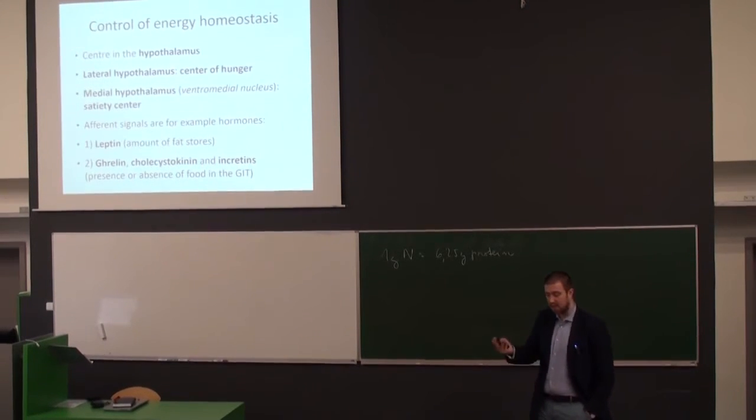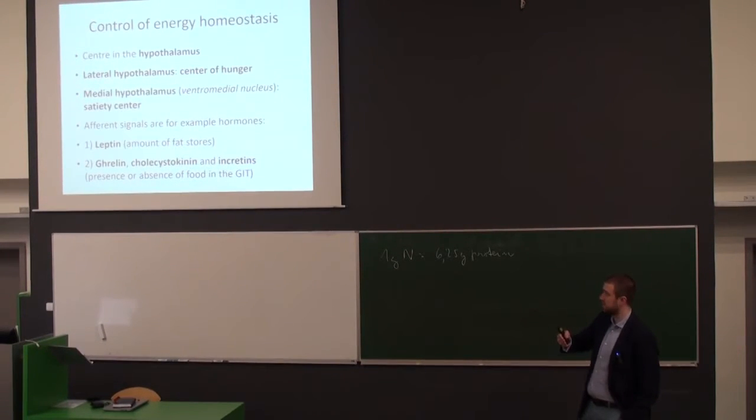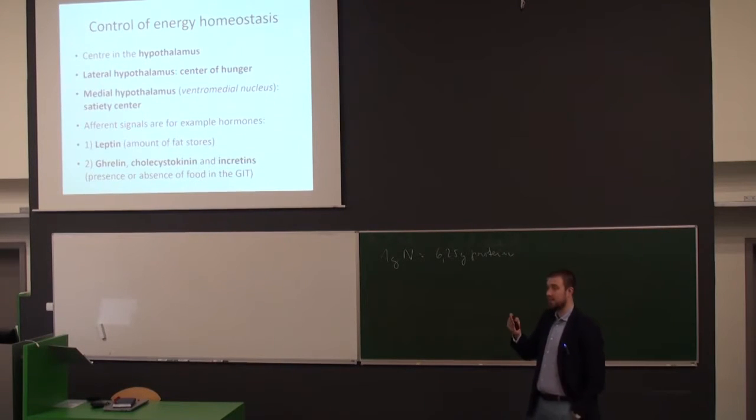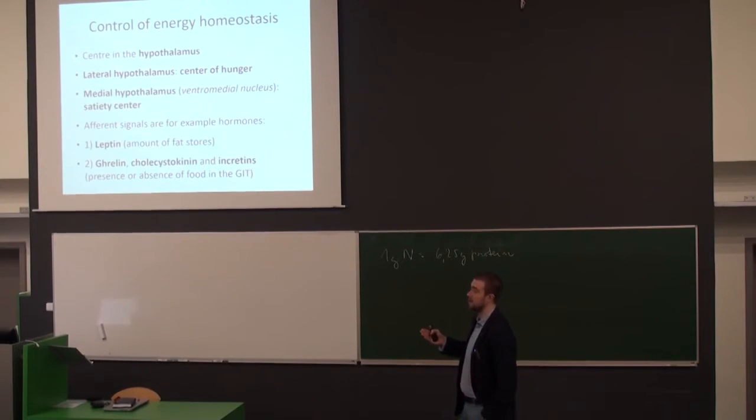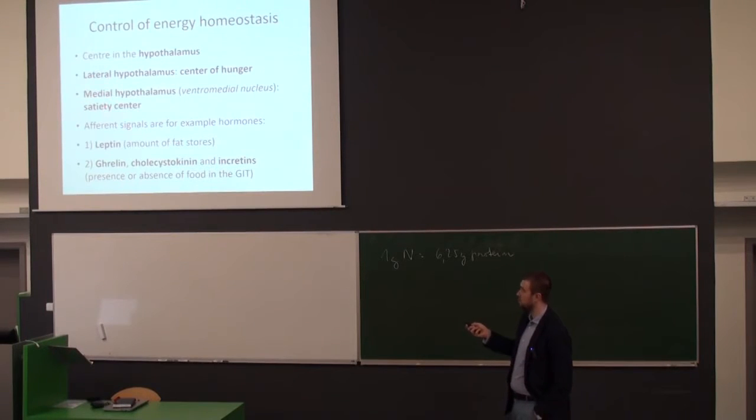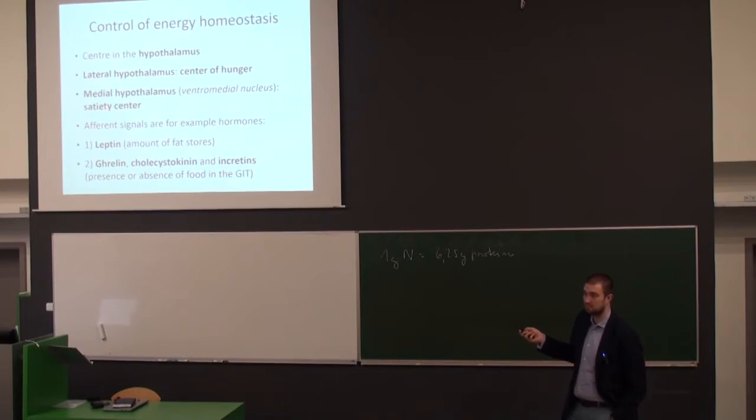And as you will learn in summer semester, you can define the lateral hypothalamus and the nuclei inside, and the medial hypothalamus and the nuclei inside, and the lateral hypothalamus will be for you the center for hunger, and the medial hypothalamus will be the center for satiety.